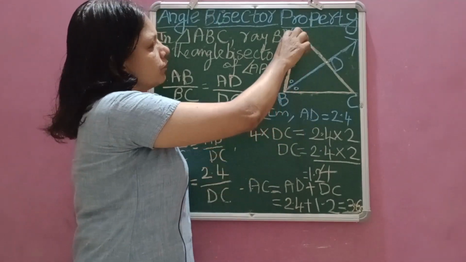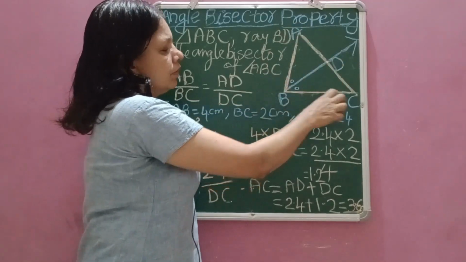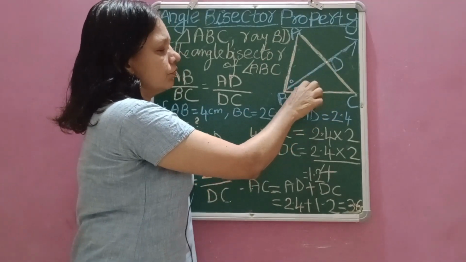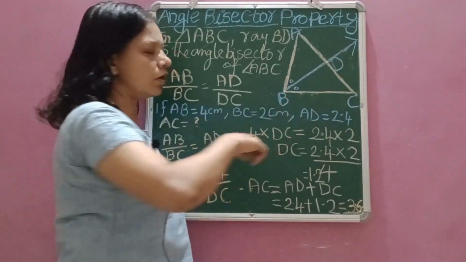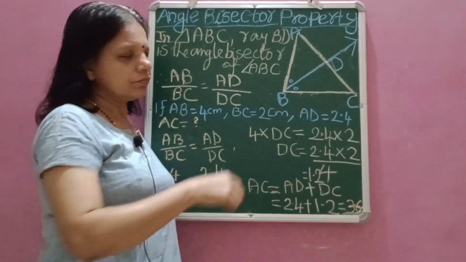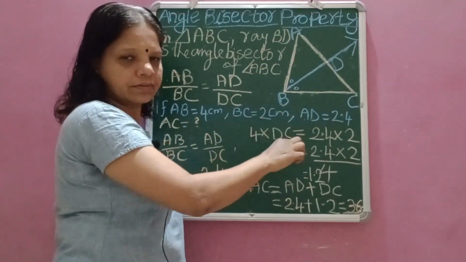Which angles? Angle ABD and angle DBC. This ray divides angle ABC into two congruent angles. Then ray BD is called the angle bisector of which angle? Angle ABC or angle B.